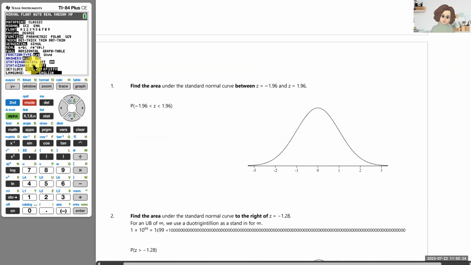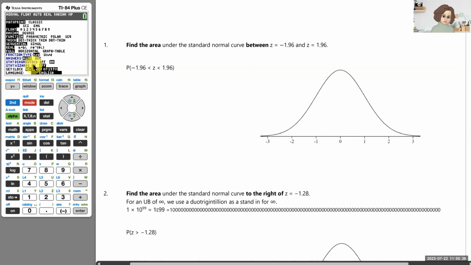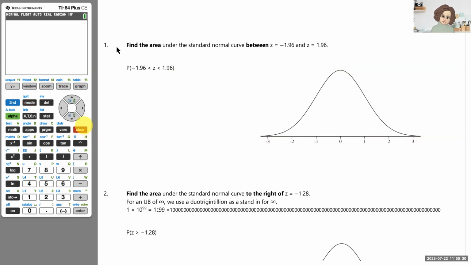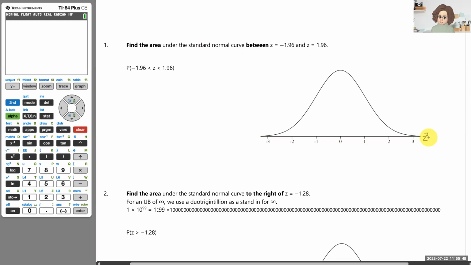So we're going to go through 3 cases of using Normalcdf. The first case says find the area under the standard normal curve between z equals negative 1.96 and 1.96. So we'll be using z to represent our values from the standard normal distribution. I'm going to go ahead and label my axis here. When we're working with z-scores, the mean 0 is in the center.